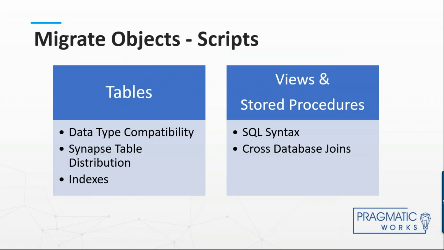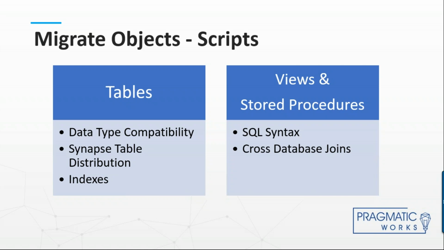After we've decided which SQL platform to move to, one of the first things we're going to do during a migration is start to script out the objects and create the new objects on that target database. Typically we start with our tables because that's where all of our data is going to be stored.